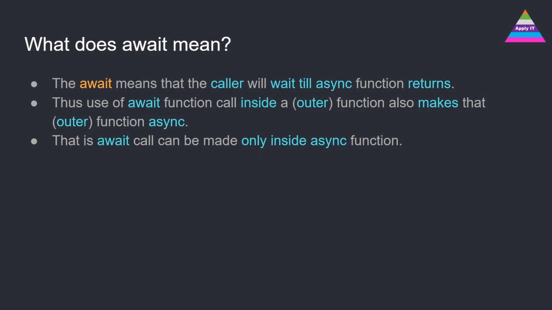So we are performing a waiting operation. If you are performing a waiting operation in the outer function, then the outer function's execution time is also not known. That's why the outer function has to be an async function, which means that we can make a call to an async function with the await keyword only inside an async function.